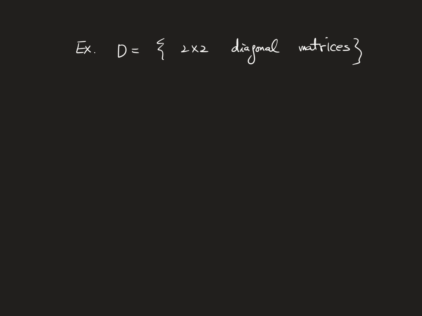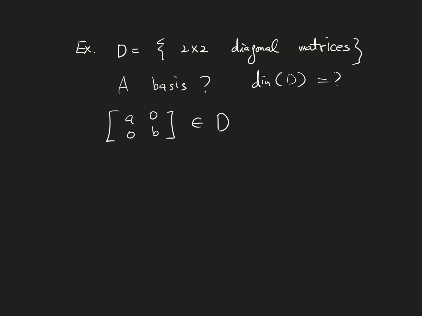D is the set of 2 by 2 diagonal matrices, and we want to find the basis and the dimension of it. And what is D? A 2 by 2 diagonal matrix looks like this, and this is an element in D. And so a basis beta could be this one, 1, 0, 0, 0, and 0, 0, 0, 1.